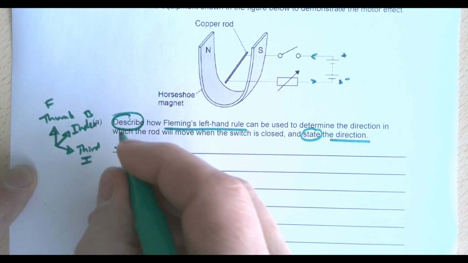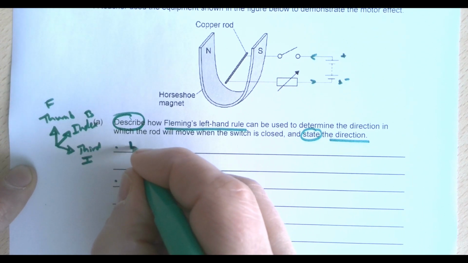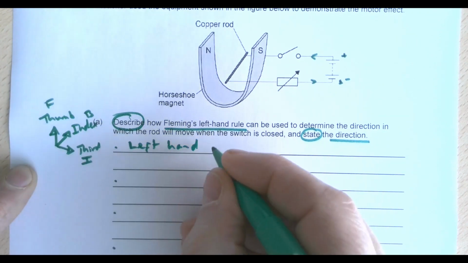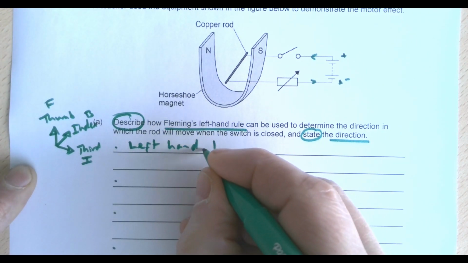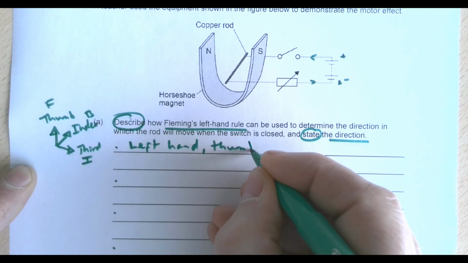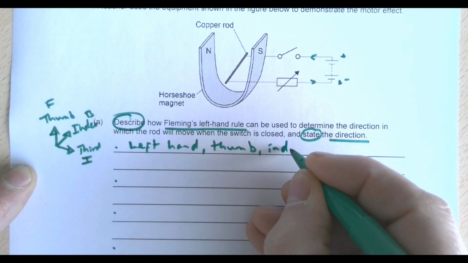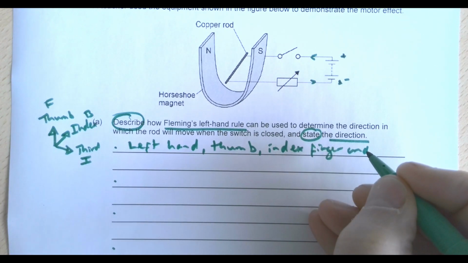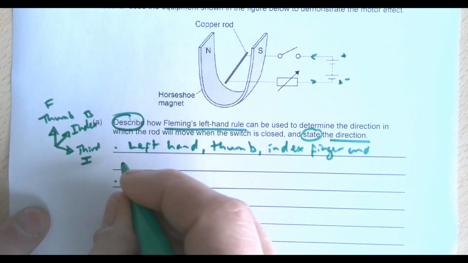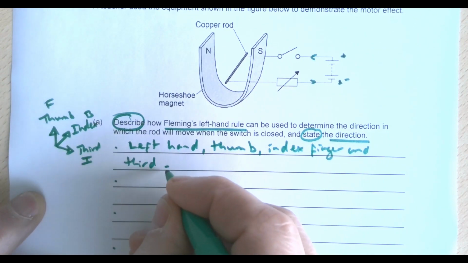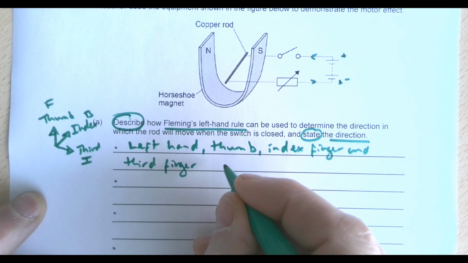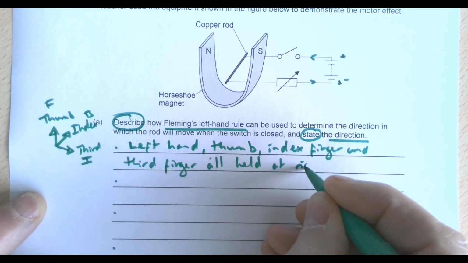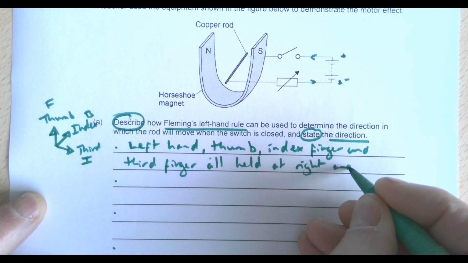So first of all, your left hand. Let's make sure we put that into words. Left hand, thumb, index finger, and second finger, all held at right angles to each other.